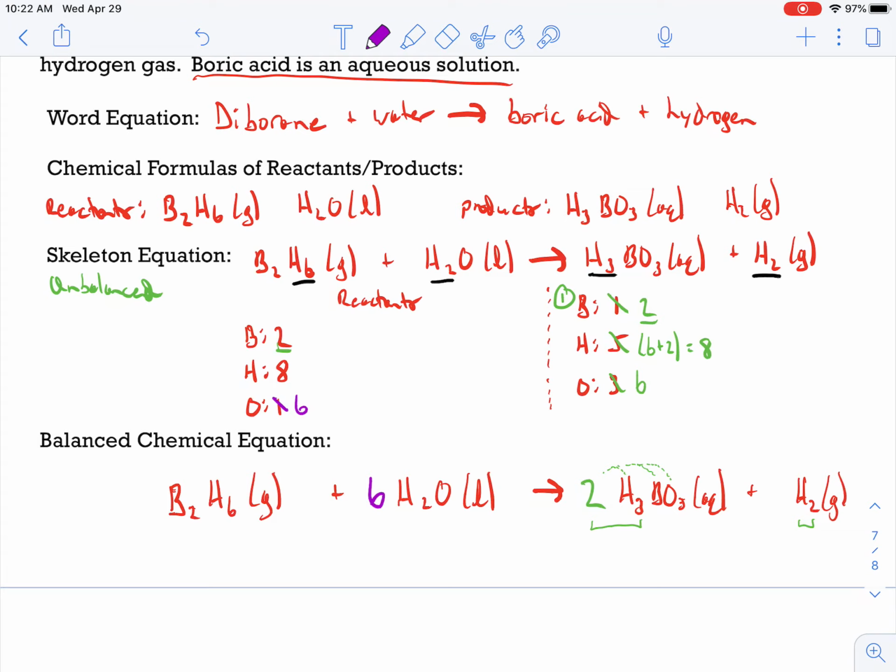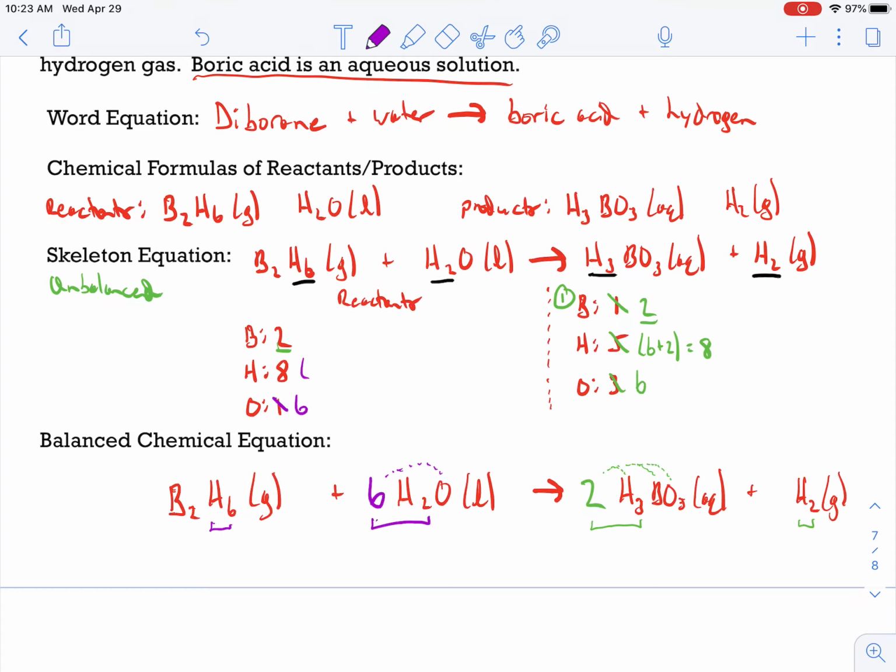But again, because we're putting a 6 in front of H2O, we think of it as being distributed over everything. So it's also going to adjust the amount of hydrogens we have. From right here, we're going to have 6 times 2, or 12 atoms of hydrogen. And then from here, we're going to have 6 as well from our diborane.